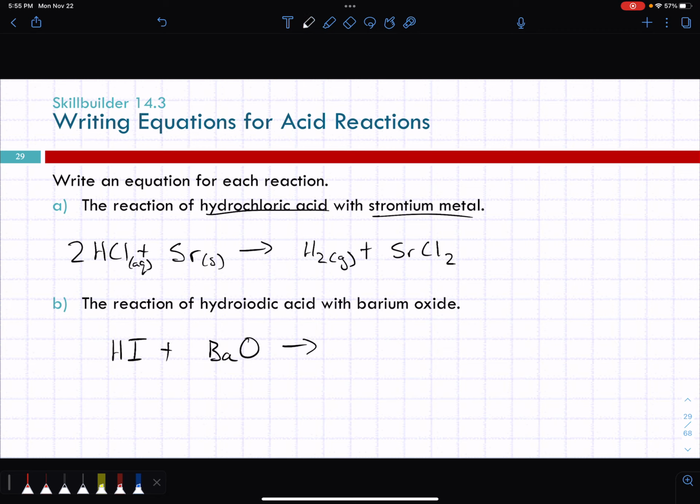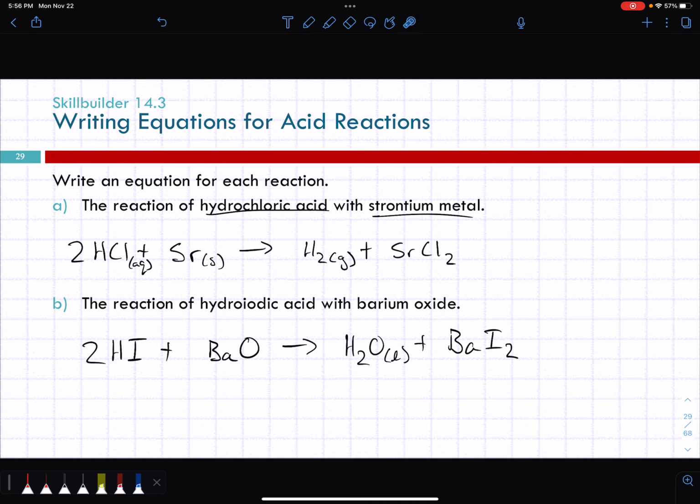So instead of hydrogen gas, we get liquid water. And again, we get a salt, barium iodide. Oh, this needs to be balanced too.